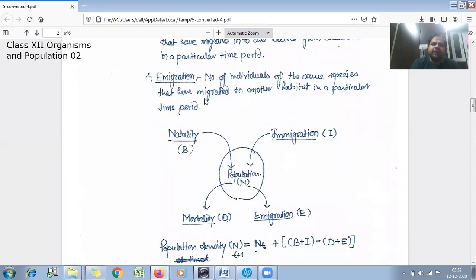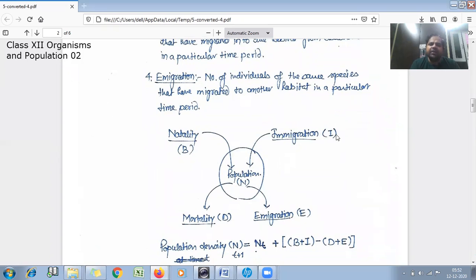So all the factors have been represented by this figure. We can see here the population density is regulated by natality, immigration, mortality, and emigration.